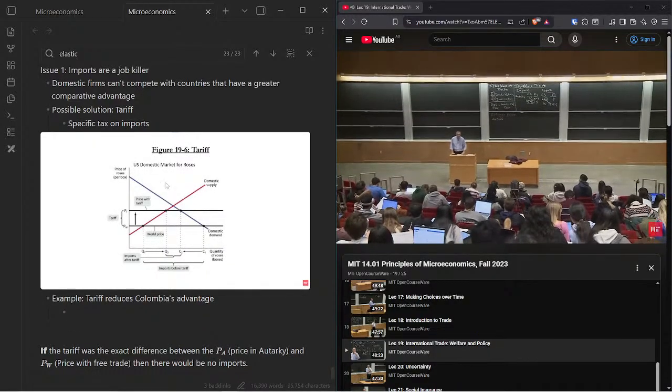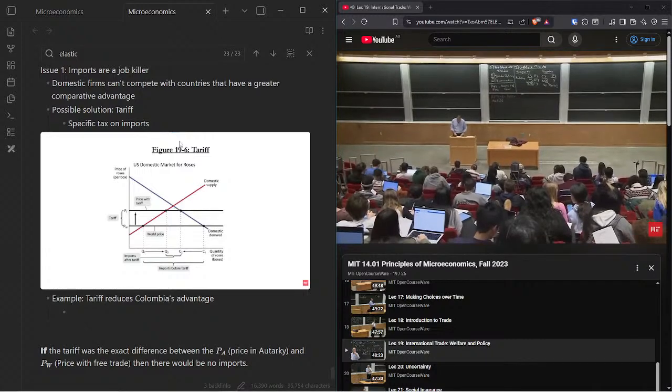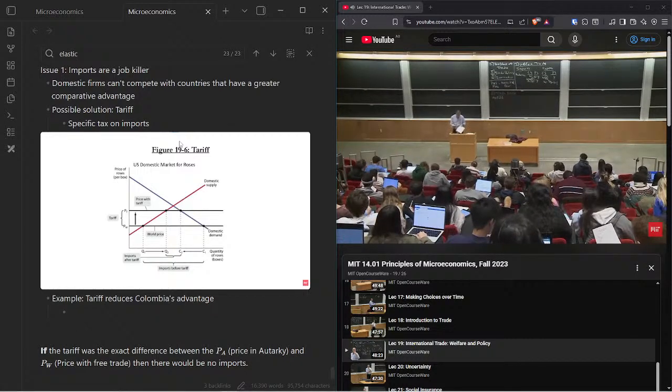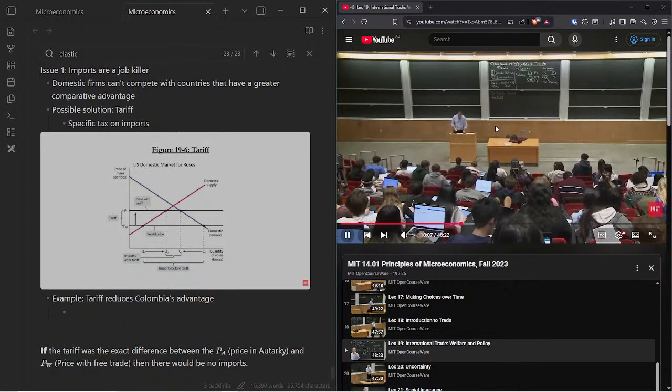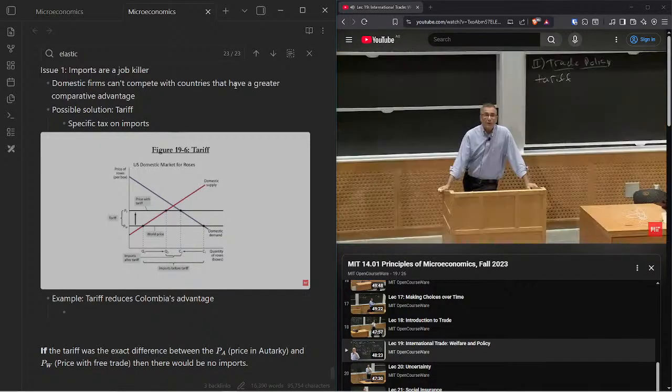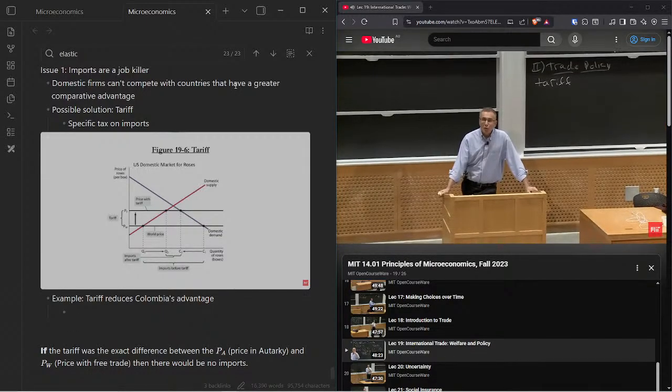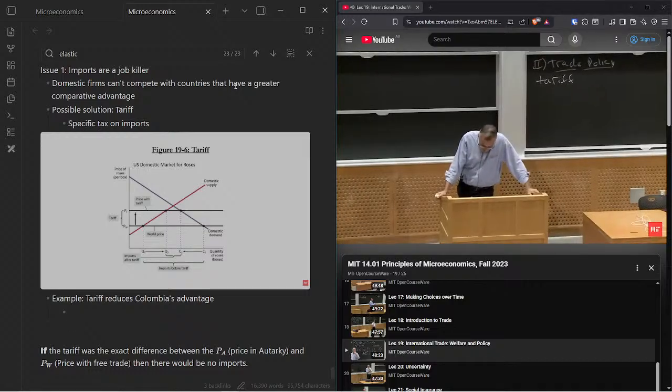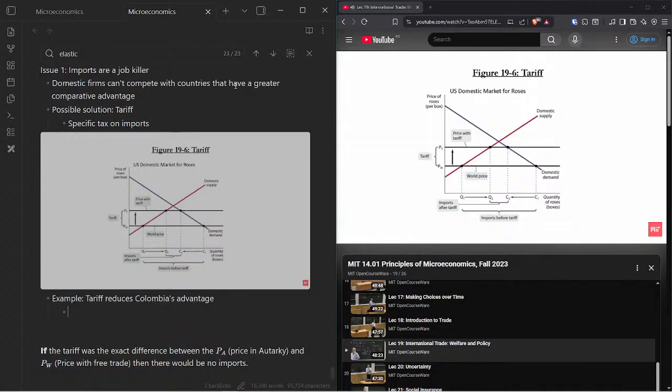Okay. Now, let's then take that and look at the welfare analysis of tariffs. Well, now we're going to compare a world with free trade to a world with a tariff. With free trade, we are at Q1 and C1. With the tariff, we've dropped to Q2 and C2.